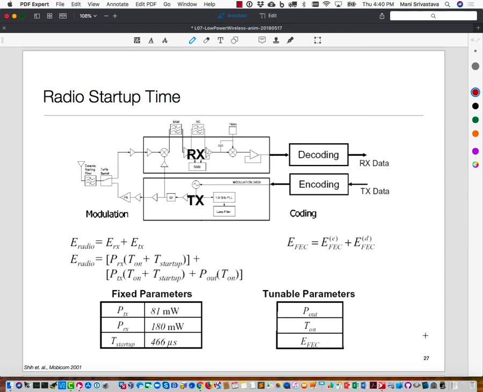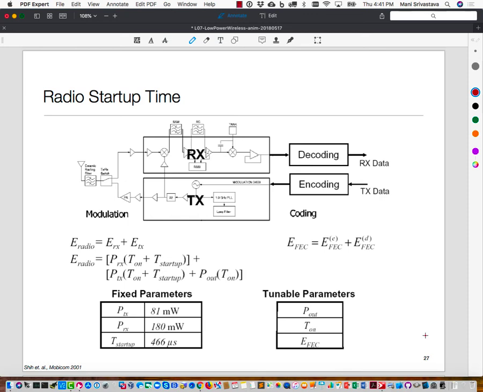Originally when radios used to be made, in the pre-short range era, let's say up to 2005 or so, people didn't worry about this aspect much, because the focus was on Wi-Fi and cellular. But around that time, as Zigbee and BLE and Bluetooth began to emerge, this consciousness also sank in.